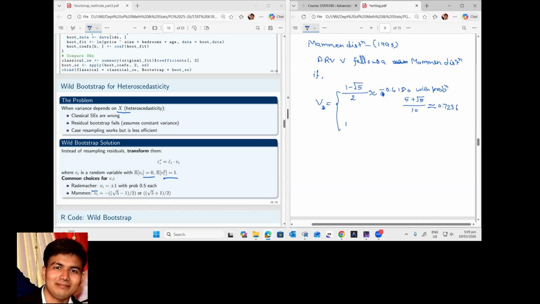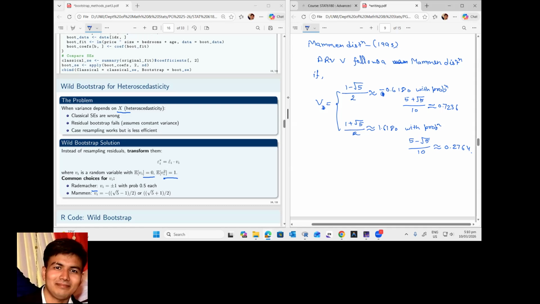Another value we take is (1 plus square root of 5) divided by 2. That will be approximately 1.6180, with probability (5 minus square root of 5) divided by 10. That will be approximately 0.2764.